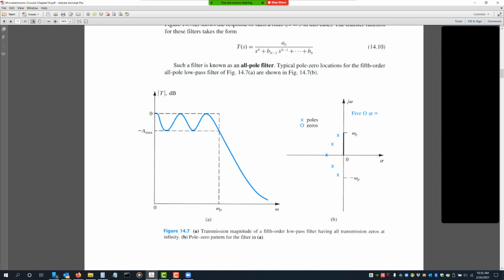And where the equiripple starts has to do with the order of the filter. So if n is odd, it starts right at 0. If n is even, then it starts at what we would call minus A max, so below 0, the amplitude of the equiripple response.